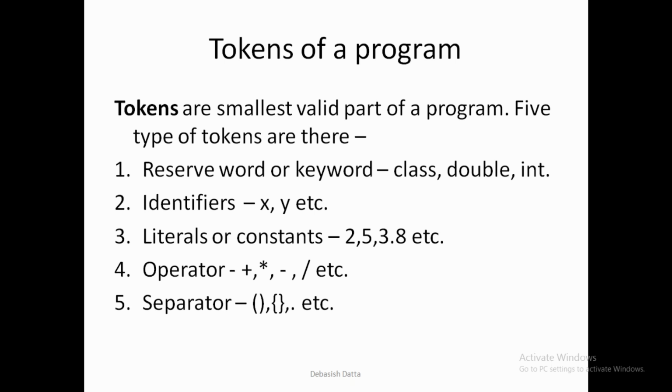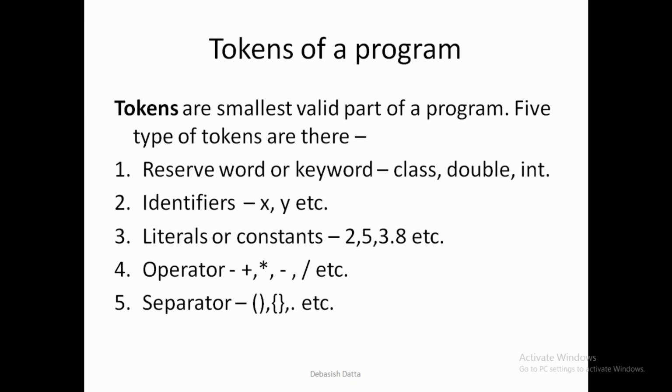Now, literals or constants are those entities which do not change their value throughout the execution of the program, such as 2, 5, 9, 7.5. These are the literals or constants we see in a Java program. Operators are those which perform some operations such as plus, minus, multiplication, division, etc.